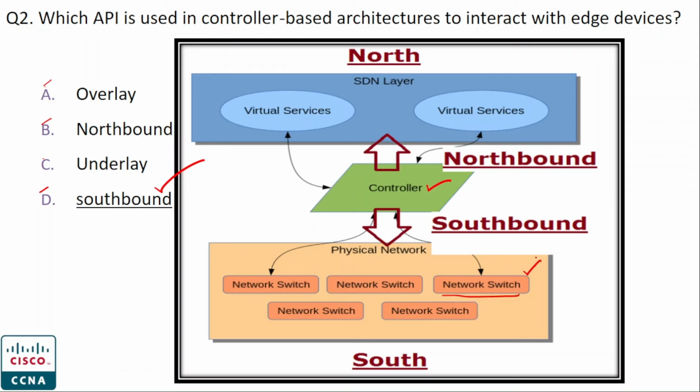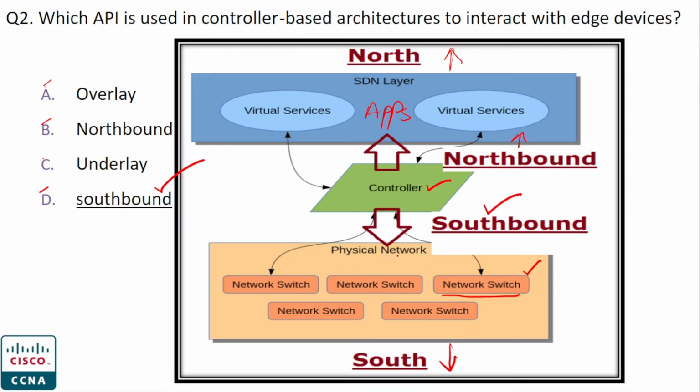So this is basically the SDN controller, and these are the edge devices that we are talking about, the network switches. So the controller talks with the network switches using the southbound APIs, while on the other hand, it talks through the northbound APIs with the virtual services such as applications. So in this direction we have north, in this downward direction we have south.